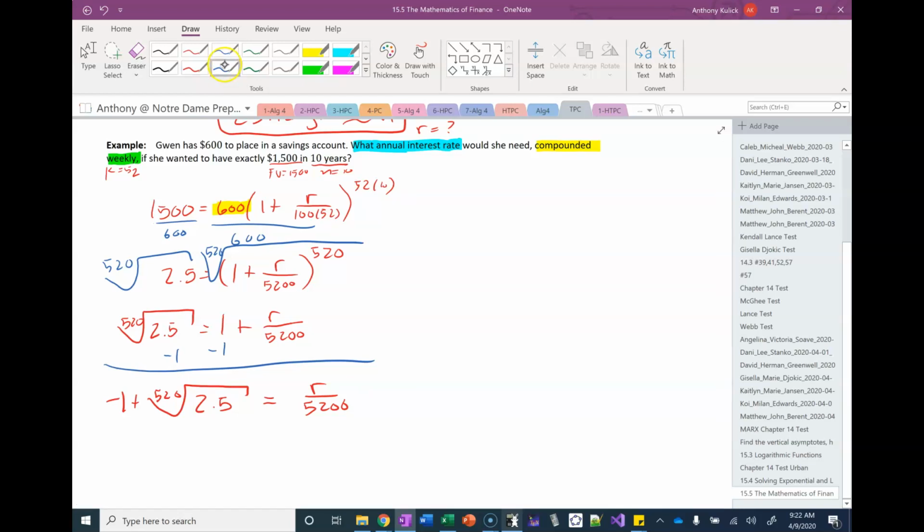And then my last step is to get rid of this 520 or 5,200. So to do that, I'm going to multiply both sides by 5,200. So remember, this is going to distribute here.